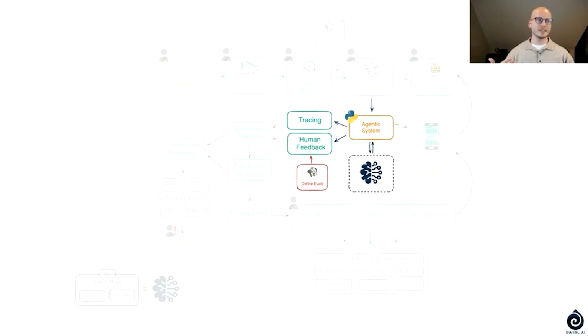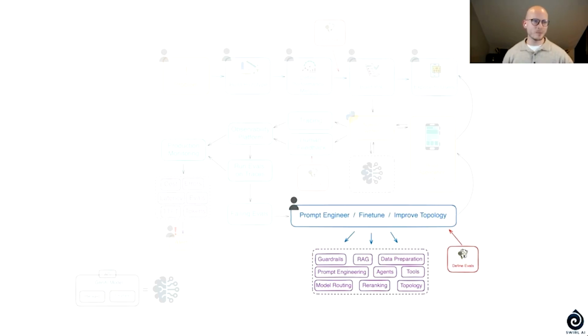And then we write evals for those specific failure modes. And eventually we have some evals that pop up while developing the system, because we will notice specific patterns in our system that are not optimal in some way, right? And then we define either heuristic-based or exact or subjective evals on top of our inputs.